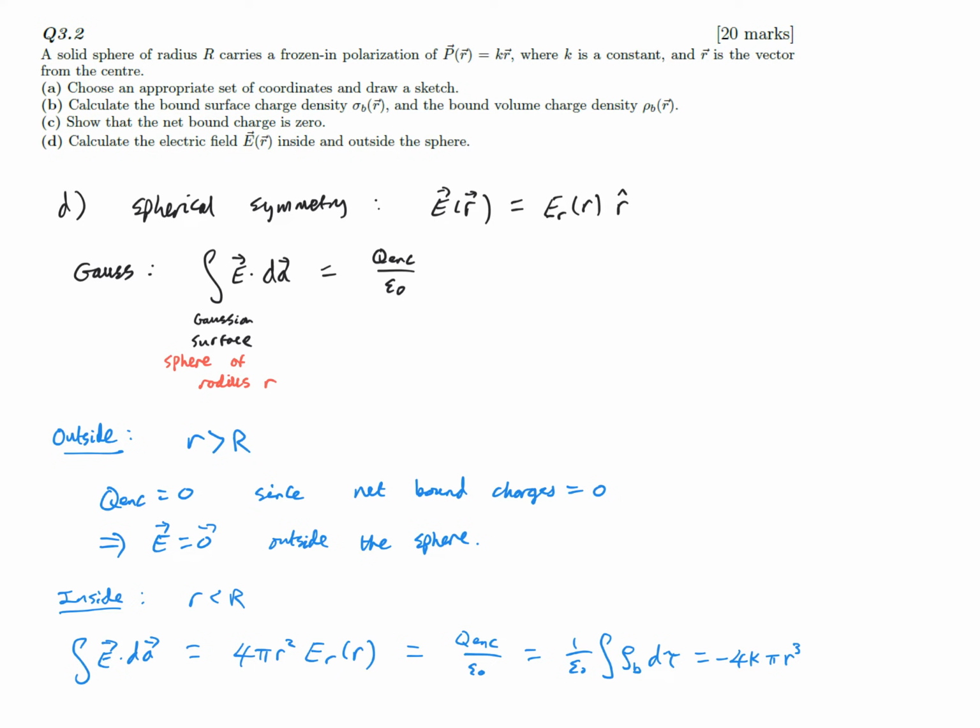And again, it's little r. And so putting that together and rearranging a bit, we can extract the electric field inside the sphere as minus k upon epsilon naught in the r direction. Note that the electric field is discontinuous across the surface. That's precisely because of the bound surface charge at the surface of our sphere.